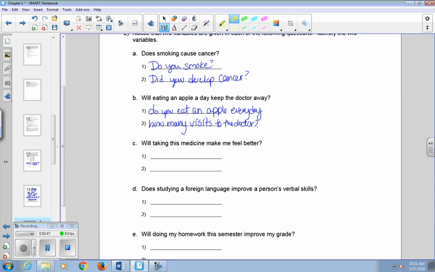Will taking this medicine make me feel better? Did you take medicine? Did your health improve? Does studying a foreign language improve a person's verbal skills?